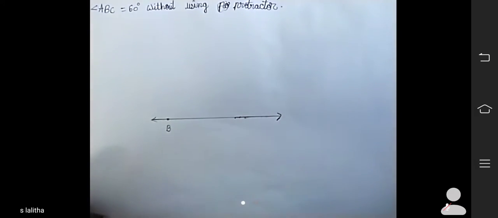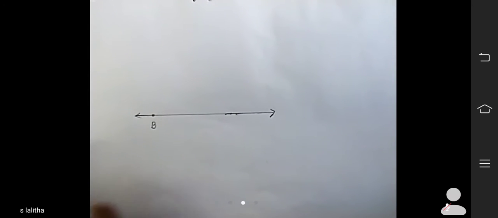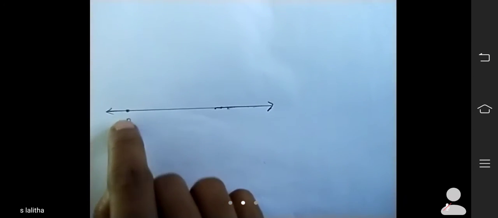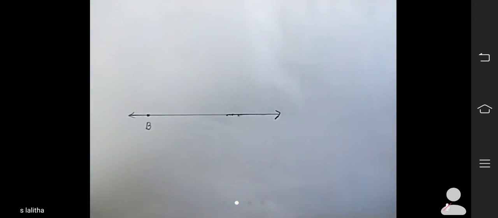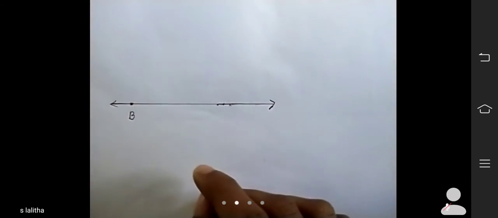Next, take the compass, all of you. First you have to draw this line. Draw the line, any measurement. On that line, you have to put the point B. Now take the compass, keep it on B. Take any radius.